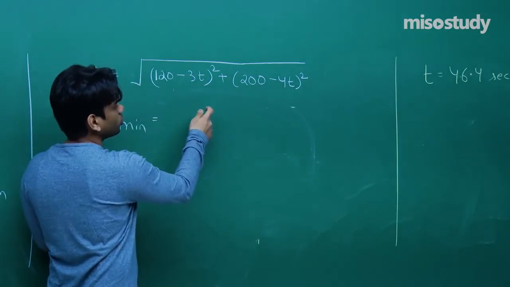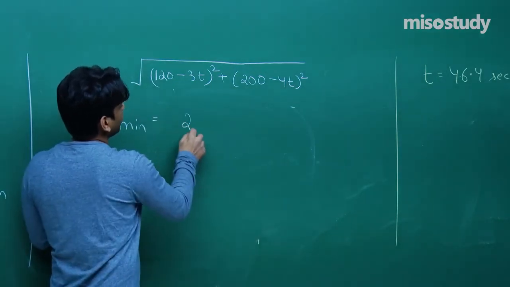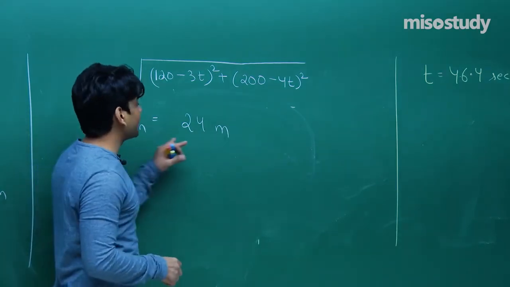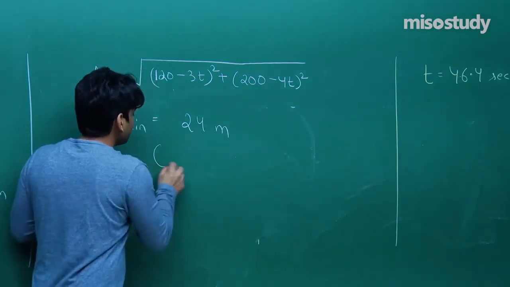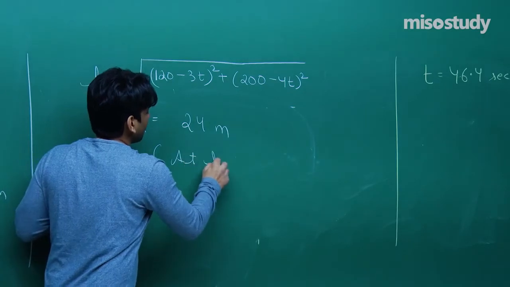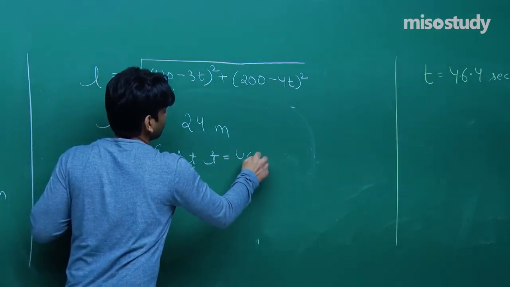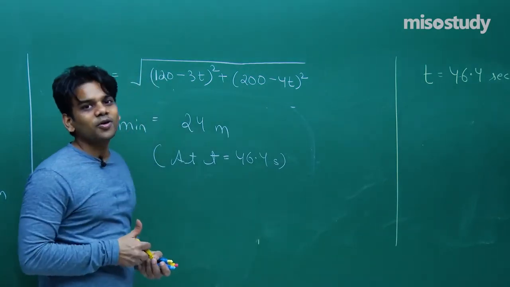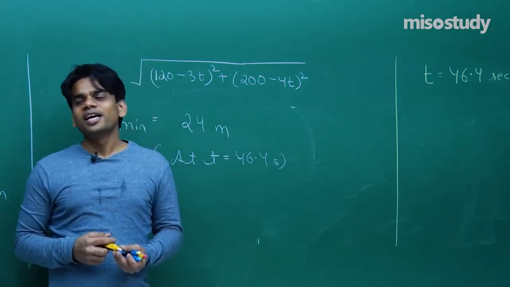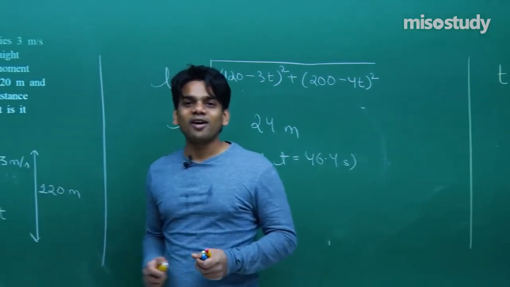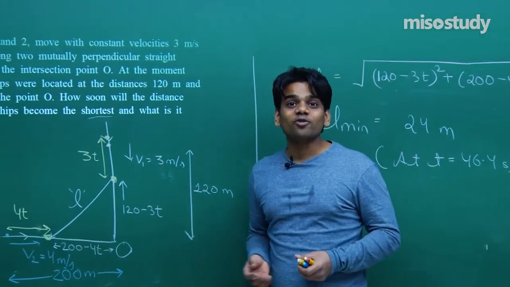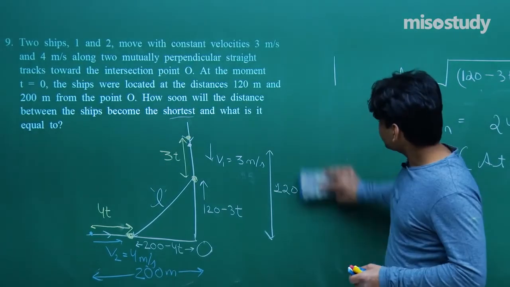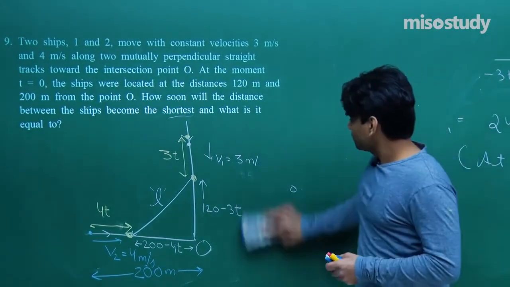If you put here t equals 46.4, you will get that as 24 meter. This is the minimum value of L that you will be obtaining. Only thing you have to do is, at t equals 46.4 second, substitute this value. So this is how you are going to find out the minimum value of L. Interesting question. Now you should have an idea how to solve such shortest distance or minimum distance questions. Let's go ahead with the next one.